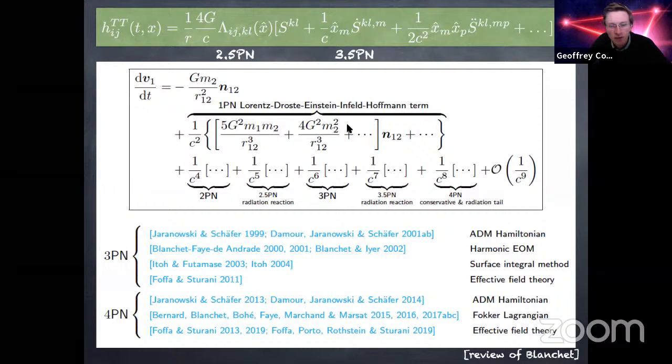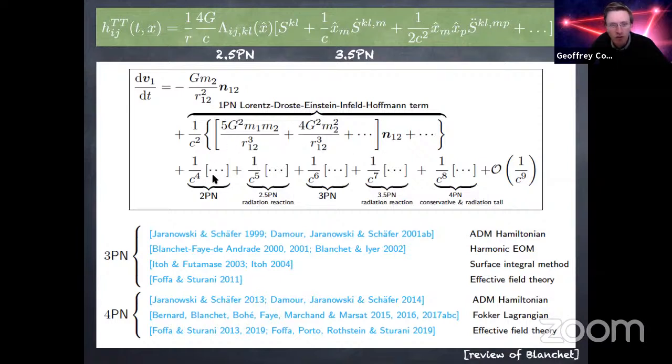This is what explains the precession of Mercury and these kinds of observables, different deviations from Newtonian theory. The radiation reaction that I just derived is this 2.5 PN term. The next radiation reaction term, as I explained, is this 3.5 PN here.